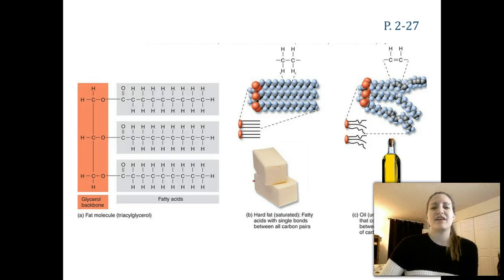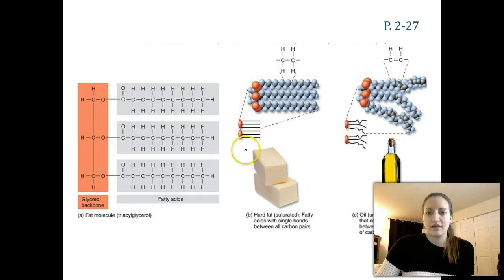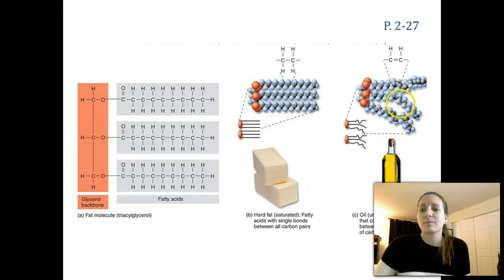Here is just demonstrating these kinds of fats. On the left-hand side is our saturated fat, and notice each of these lipid chains doesn't have any double bonds. They're nice, they're linear, they pack in really tightly, and since they can pack in together, that's going to make a solid. But here we have our unsaturated fats.